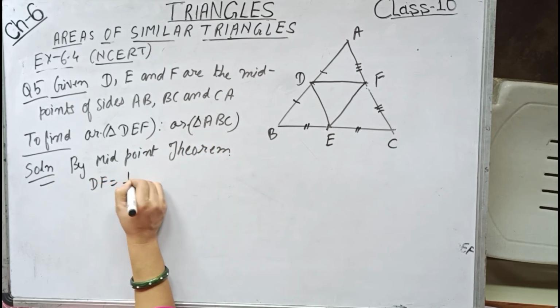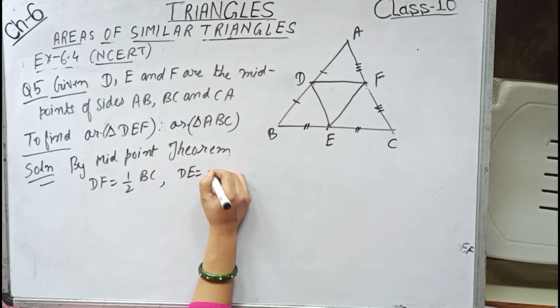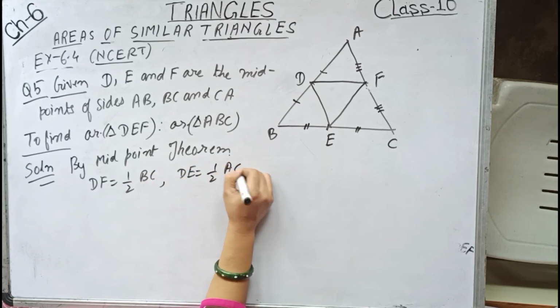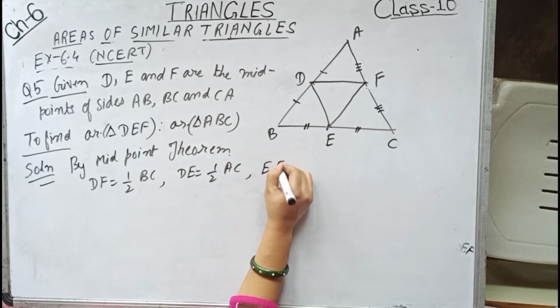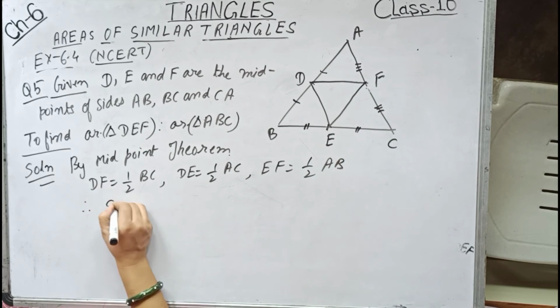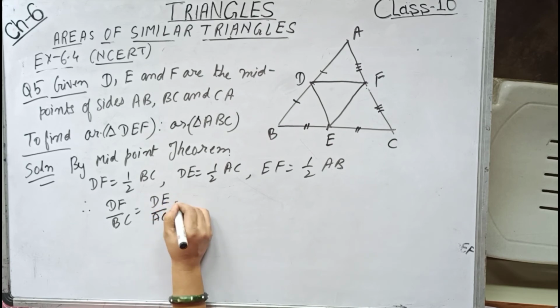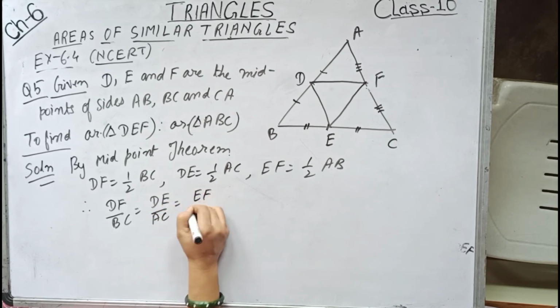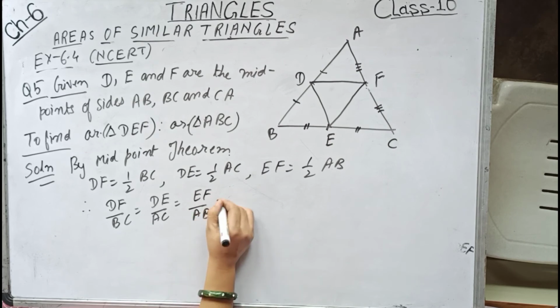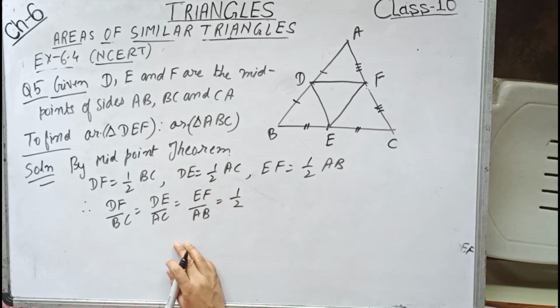DF equals half of BC, DE equals half of AC and EF equals half of AB. Therefore, DF by BC equals DE by AC equals EF by AB equals 1 by 2, or reversed, we can write 2 by 1.